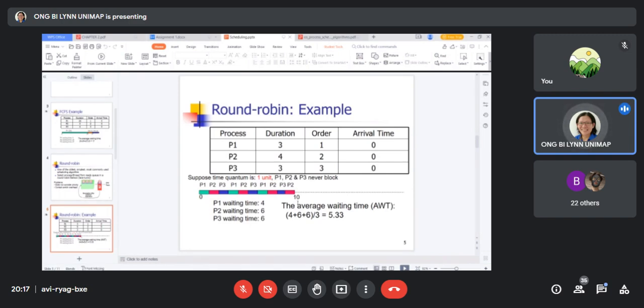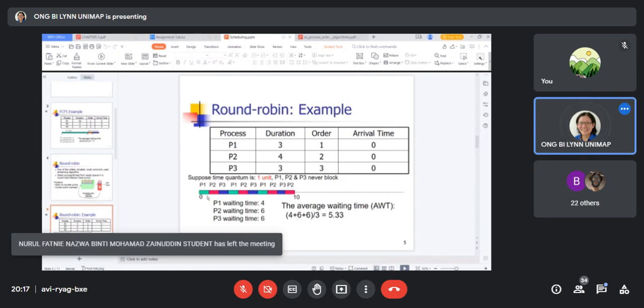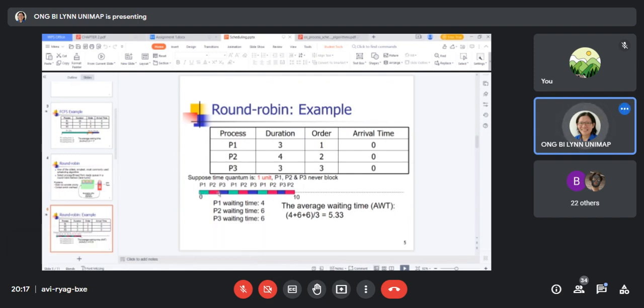Okay, so we are going to look into the waiting time. Okay, P1. You see, P1 over here, it finished at 1, 2, 3, 4, 5, 6, 7. Okay, it finished at 7. 7 minus the 3 blocks.